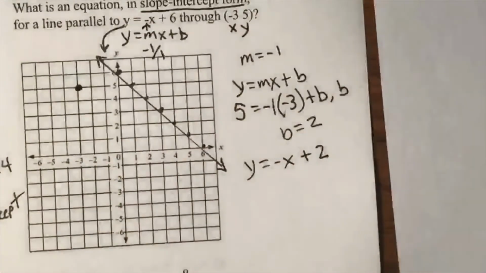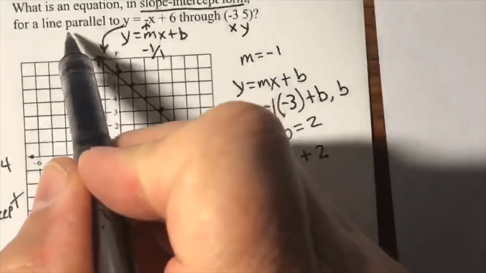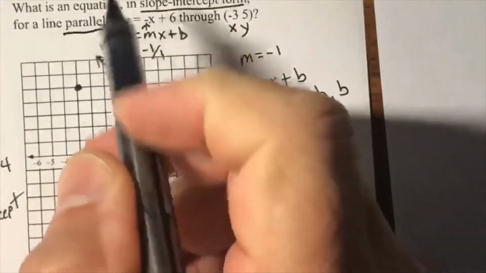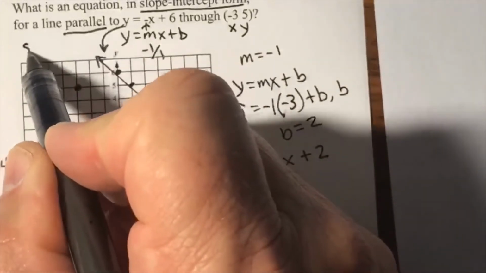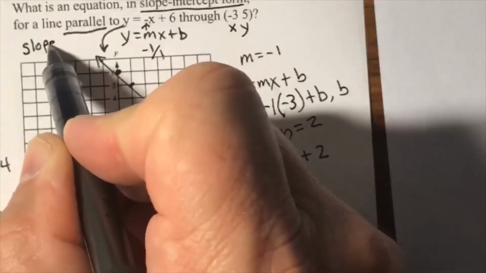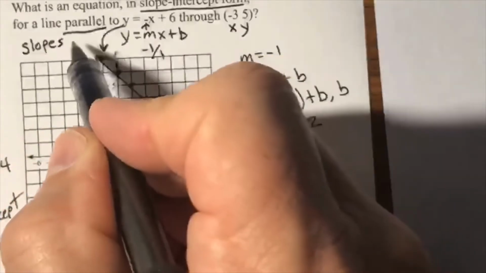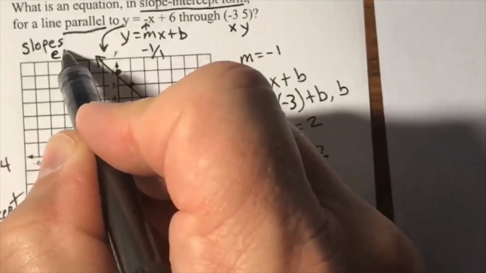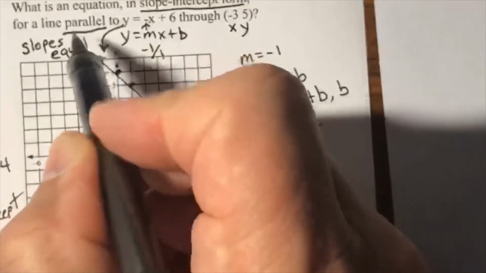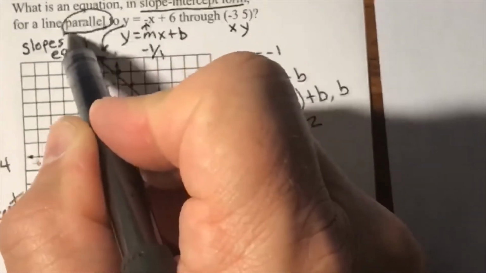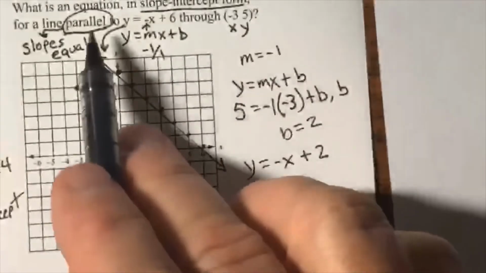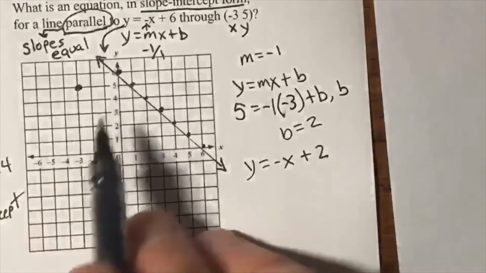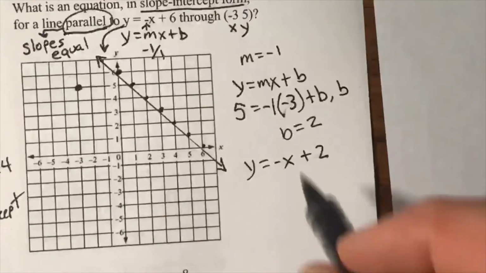Alright, so when we have parallel lines, slopes are equal. So slopes are equal when you see parallel, so that means we use the same slope.